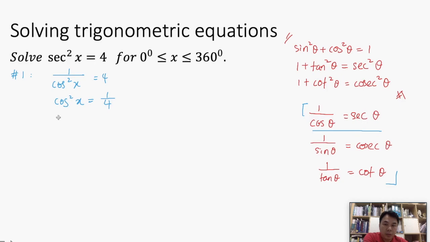And then from here we can simplify this as plus or minus 1 over 2. Because square root, so don't forget your plus or minus. Now let's consider one at a time. We can consider cos x is equal to a negative half, or we're going to consider cos x as half here.